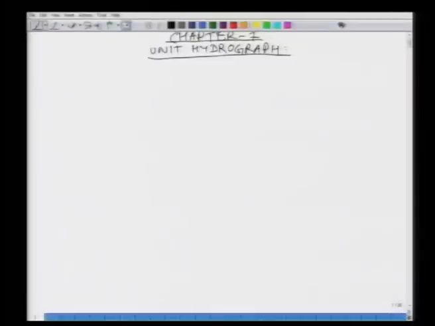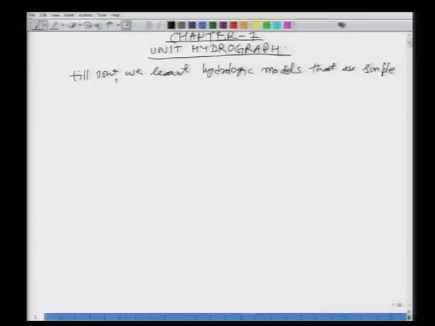So, what we are saying is that till now we learnt hydrologic models that are simple or most simple in nature, that is, we looked at the deterministic, or I can say conceptual, lumped and steady models.